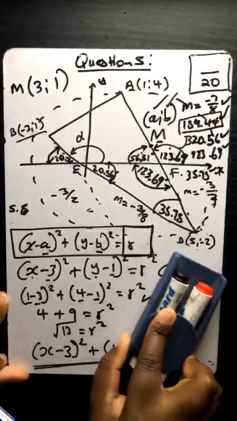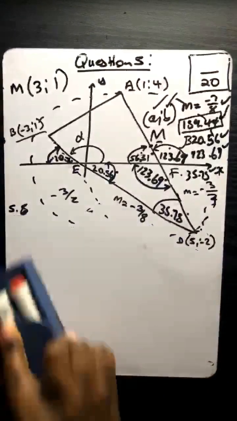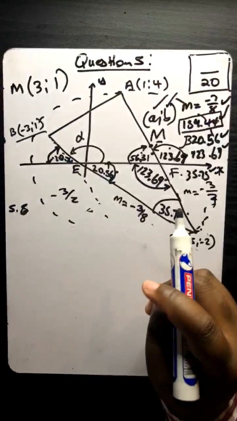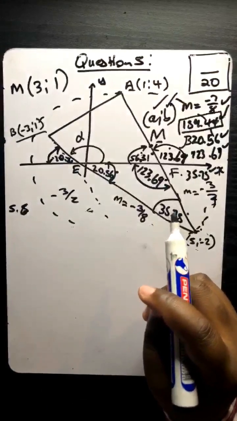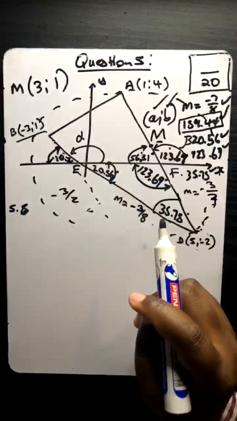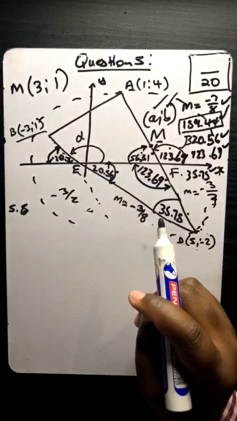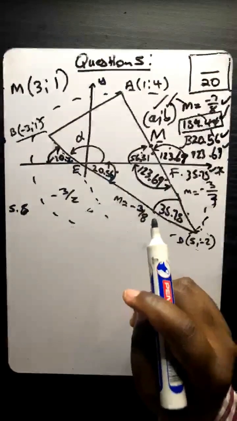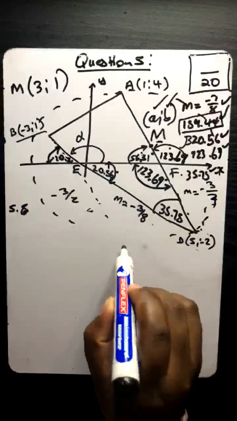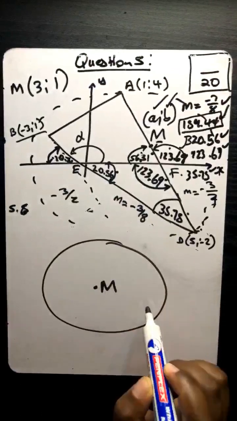So let's see. I'm going to remove all of these. And now, let's quickly have a look at the last question. They're saying, does the point B lie inside, outside, or on the circle in question from the previous part? Okay, this is what the question is asking. You've got point M being the center.